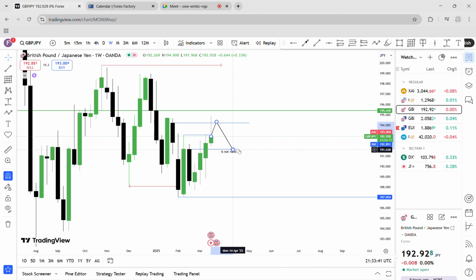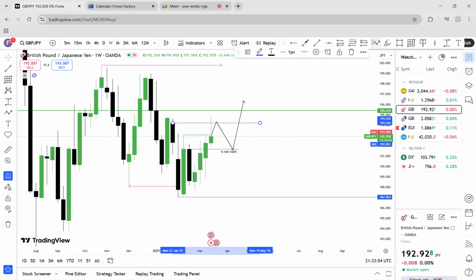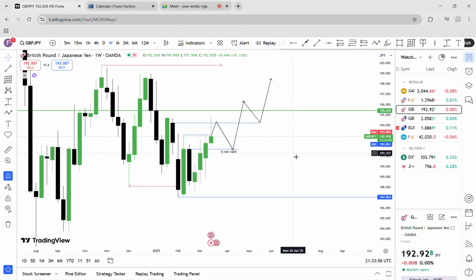If price trades back, then we will be looking for buying opportunity. If we close above this high, then this area is valid for price to retest and continue. You guys understand? Yeah, I think I understand that one.